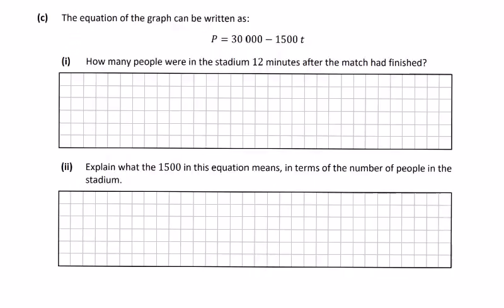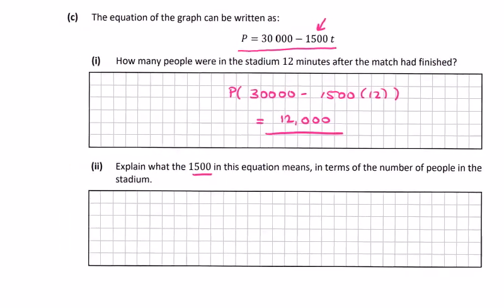Next part, they've given us the equation of the line. So you can see the slope is minus 1500, so 1500 people a minute is probably the next part there. So the population, or P, 12 minutes after the match has ended, P is equal to 30,000 minus 1500 by 12, 15,000 and 3,000, so that's 18,000, so 12,000 people left 12 minutes after the match is finished.